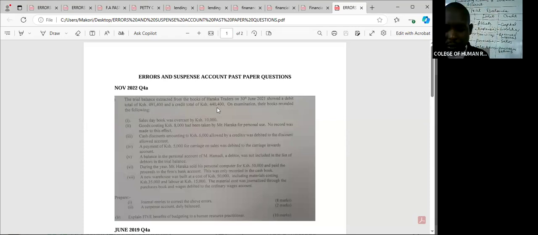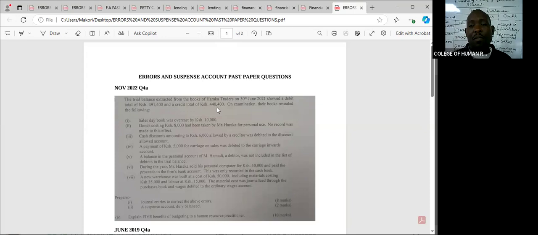So what you are supposed to use that information for is to determine the difference. What is the difference between the debit totals and the credit totals, so that we can know how much balance we have in the suspense account?